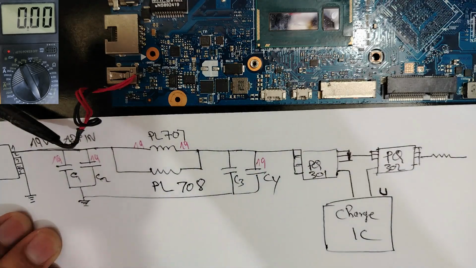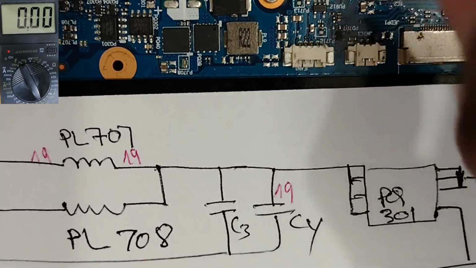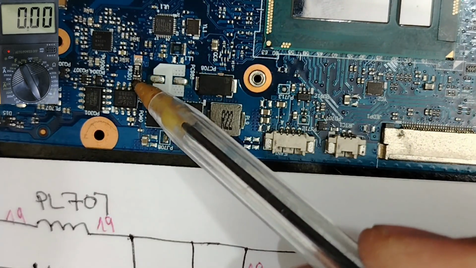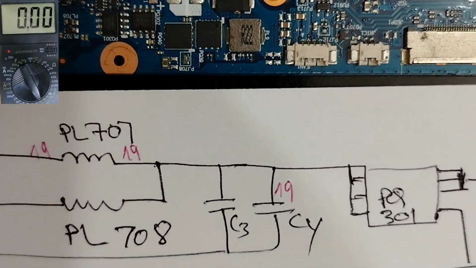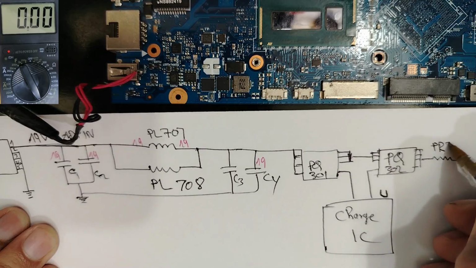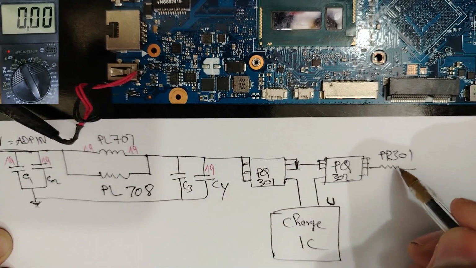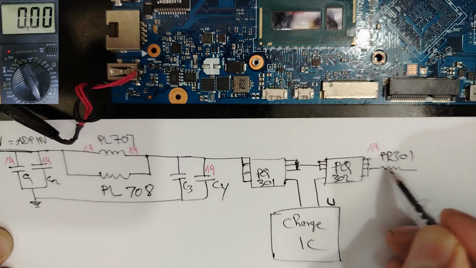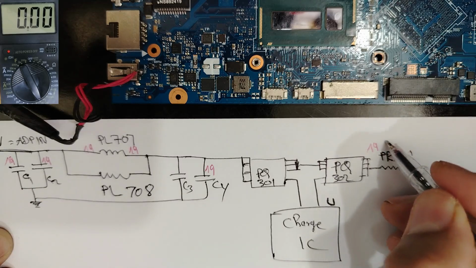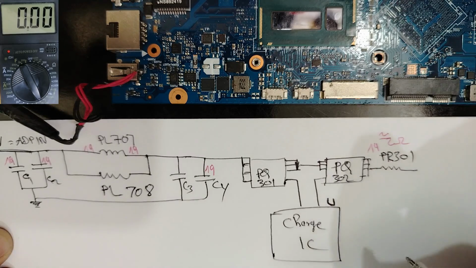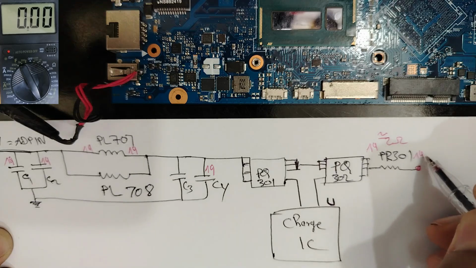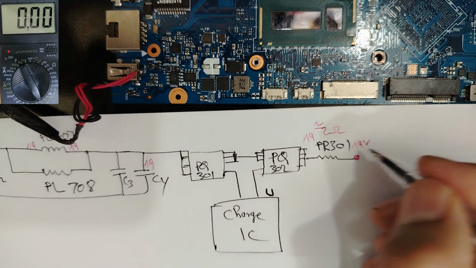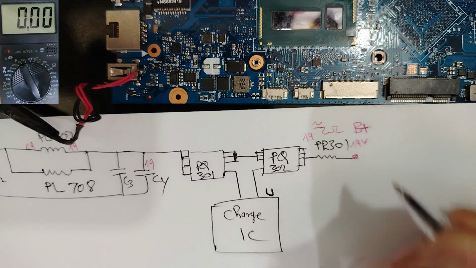The current sense resistor we have, PR301. Here for the current sense resistor we have 19 volt in both sides, because this current sense resistor is about 2 ohm. After this current sense resistor, this 19 volt basically is the B plus. We called it B plus.